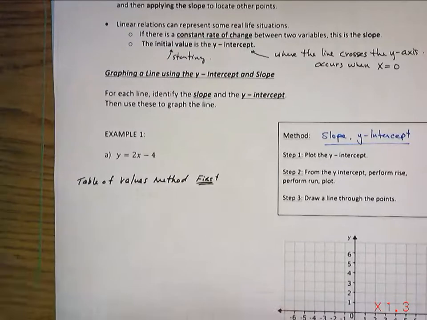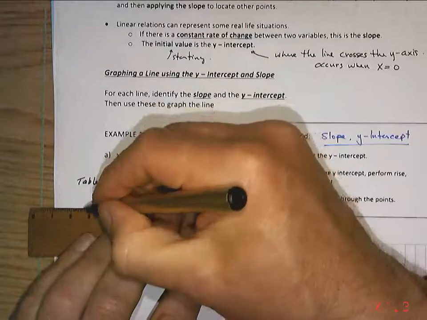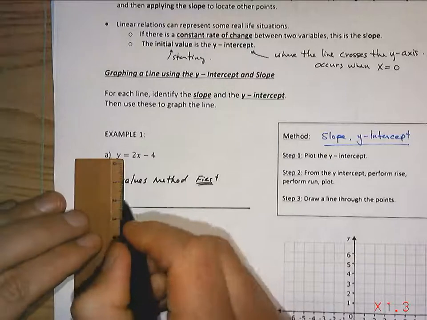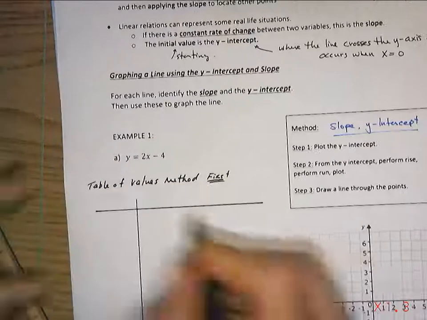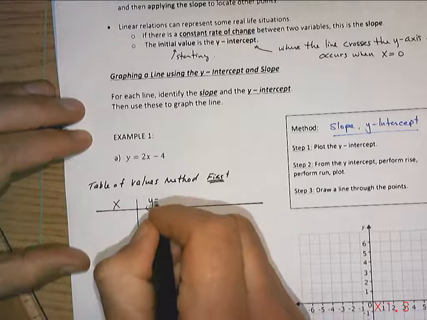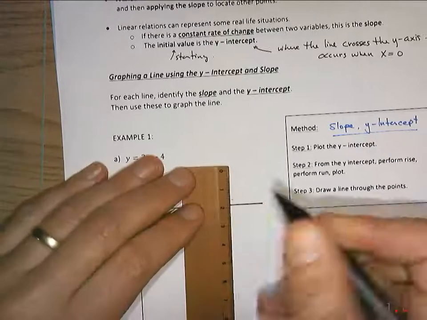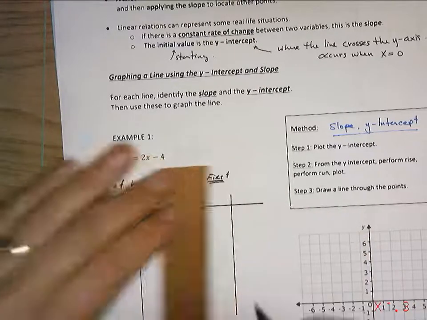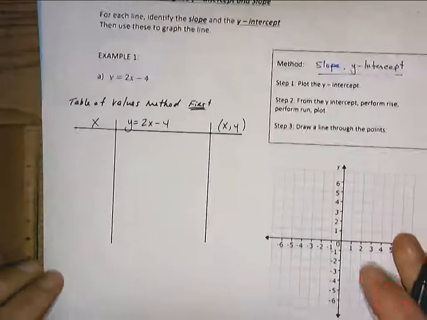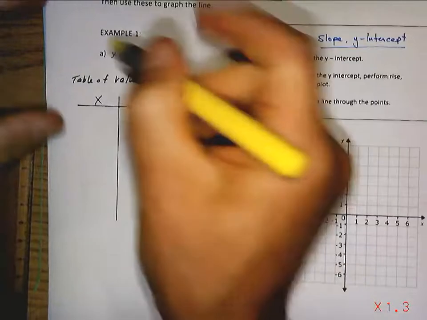And the table of values method had us make a table of values, quite frankly. And they taught you to put your x value first, and then calculate your y value. And then some of your teachers asked you to do a separate column for your actual point that you're going to plot.